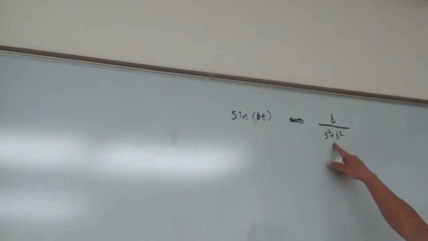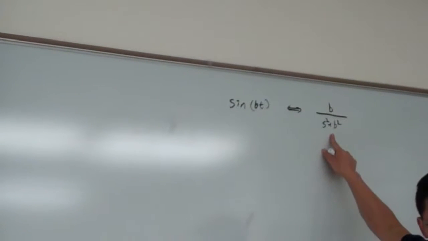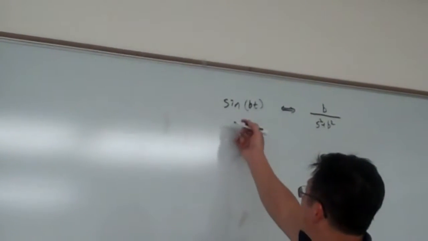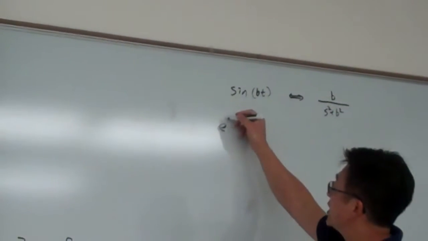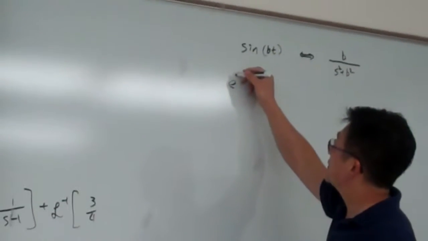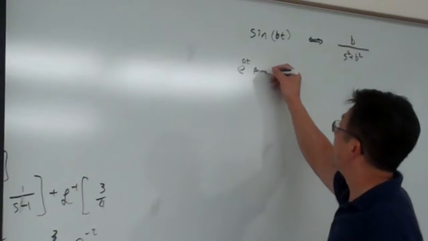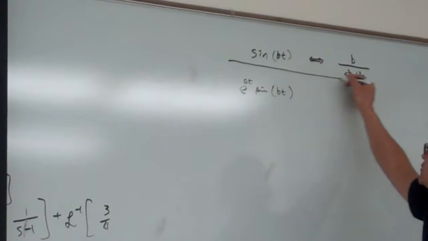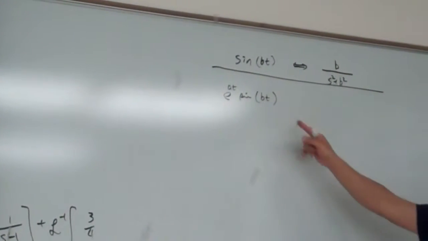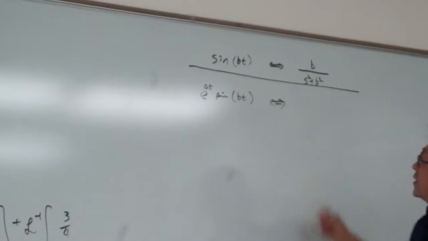If you look at the tables, that should be like this. Now, for example, if the signal you're working on in the time domain is like this, say e^(at) sine(bt), this is providing us your template. For this one, the Laplace transform is this.